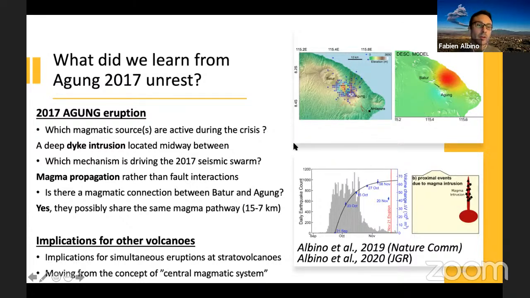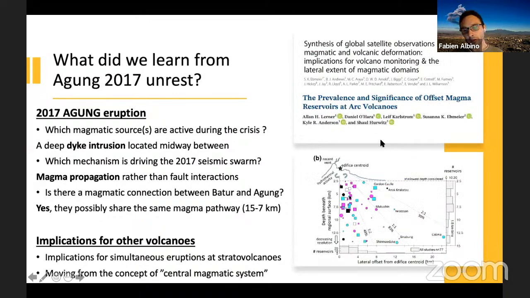And what about the implication for other volcanoes? I think there is a very interesting point here to look more at simultaneous eruptions at other stratovolcanoes. So there was already the case for some Kamchatka volcanic systems. And moving from the concept of a central magmatic system and looking more statistically at the offset of magmatic systems.